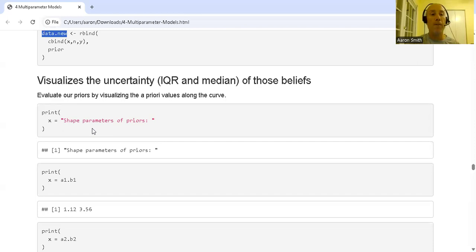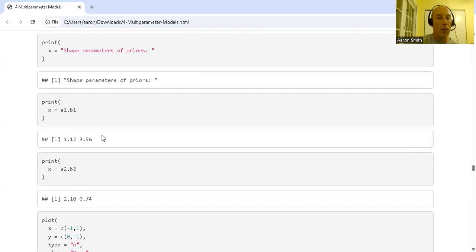Okay, so now let's go ahead and visualize what our prior actually means to us. The first prior that I have, which is at dose negative 0.7, is an alpha of 1.12, a beta of 3.56. When the dose is 0.6, my alpha is 2.1, and my beta is 0.74.